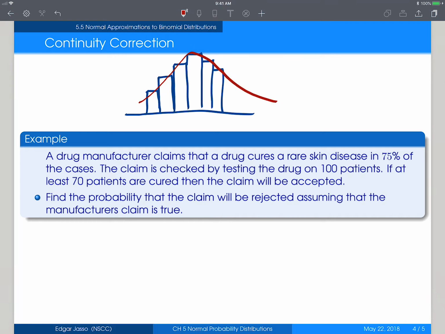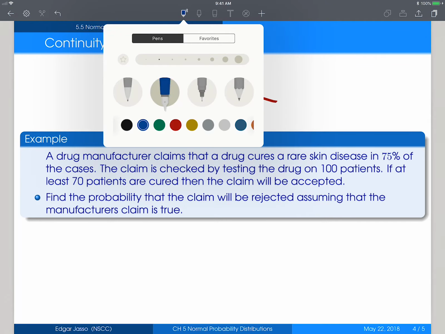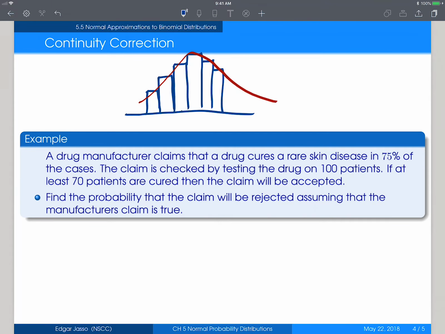So pretend, let me put some numbers here, this is the center at 20, this is 21, this is 19, this is 18, and it's centered at the center of the rectangle because these are just the probabilities of these outcomes, and they're discrete. So it makes sense that they're at the center and that the width of these is 1.